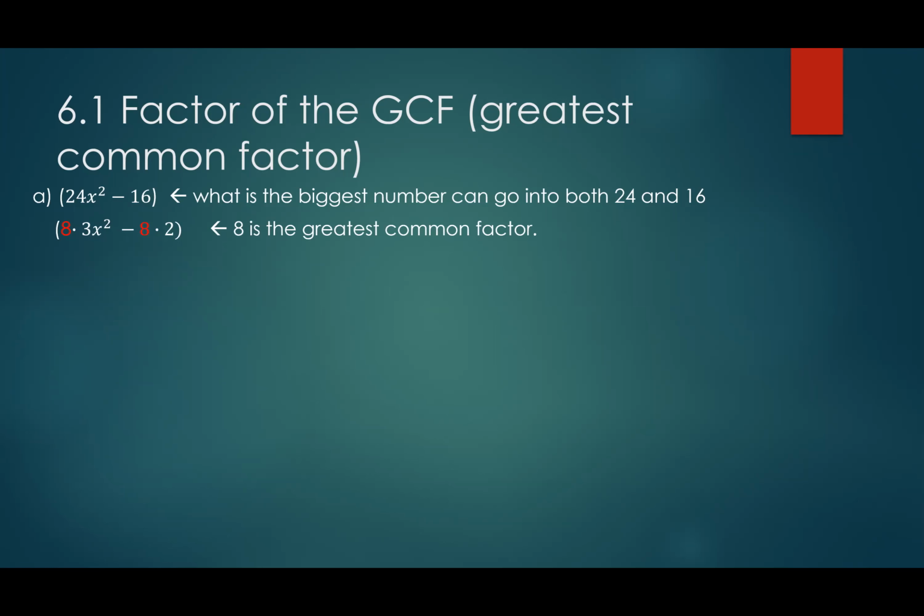Whatever the biggest divider is, you do not throw it away. All you need to do is extract it out. So looking at this item, the greatest common factor, or greatest common divider, is 8. We extract the 8 out, and whatever is leftover, we put in the parenthesis.